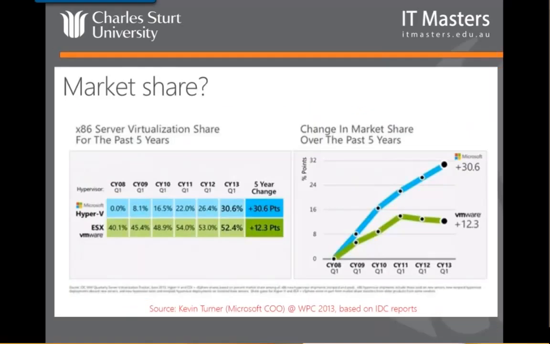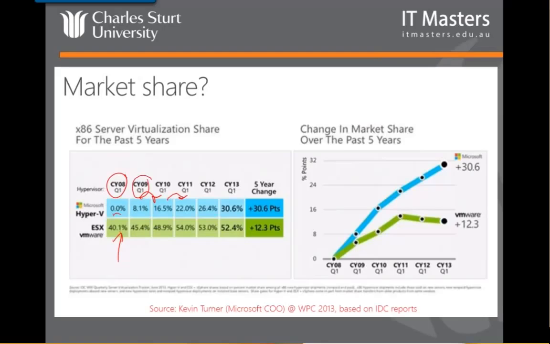The market share. Years ago, Microsoft was far behind, but today, as you can see, in 2008, Microsoft had 0% market share, ESX had 40%. Microsoft started to steal some market share in 2009, doubled it in 2010, had a huge growth.